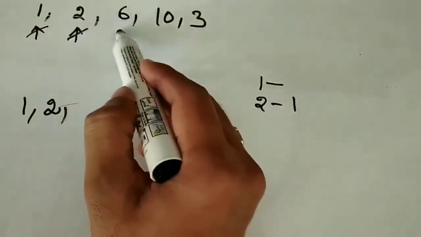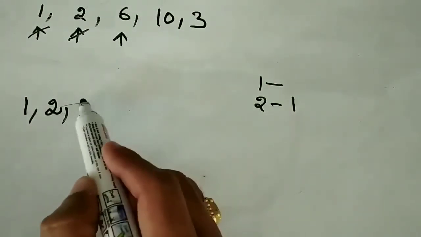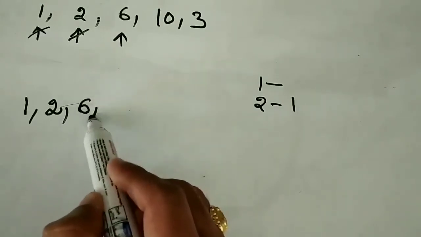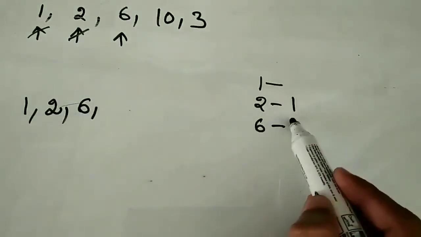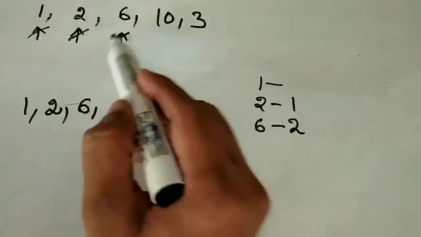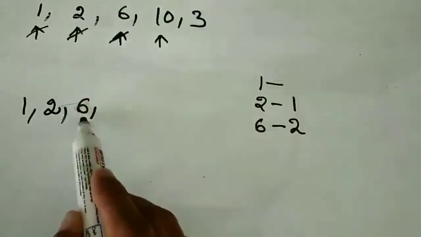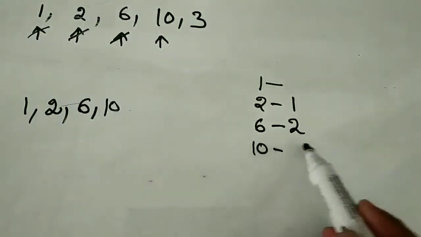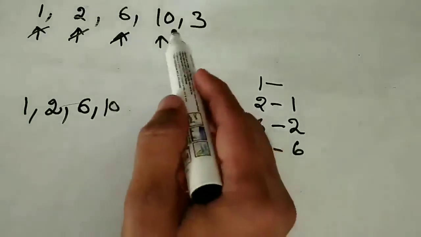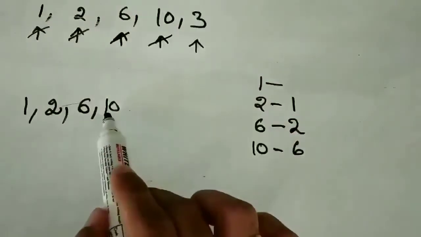Next, I move to the next element. 6 is greater than 2, so I will add 6 to this array, and I maintain this information. 6 has come after 2, and I move to the next element, that is 10. 10 is greater than 6, so I add 10 here, and 10 has come from 6, and I move to the next element. 3 is less than 10.